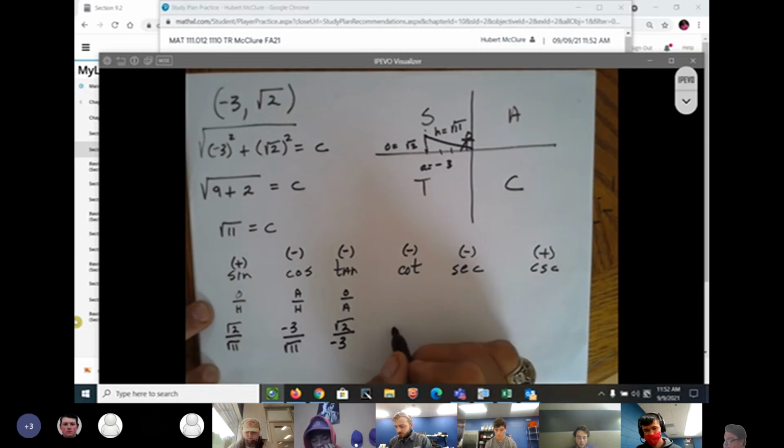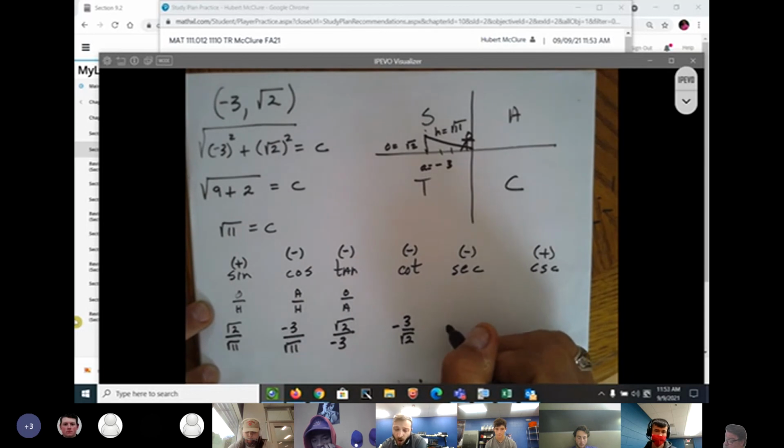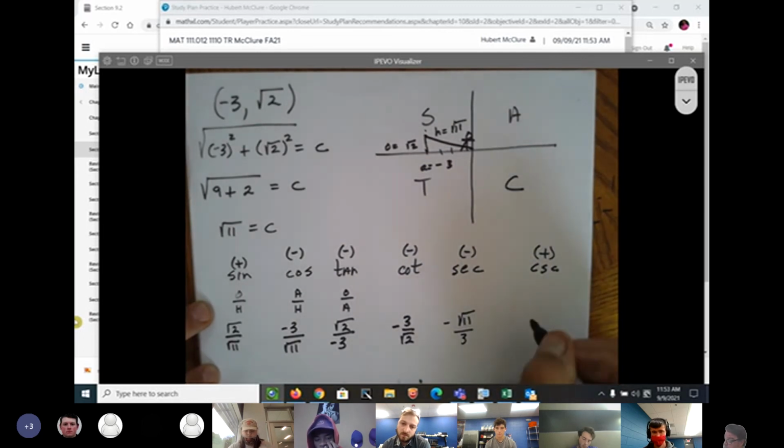Now I'm going to flip everything over. And that's going to be the square root of 11 over 3. And the square root of 11 over 2.